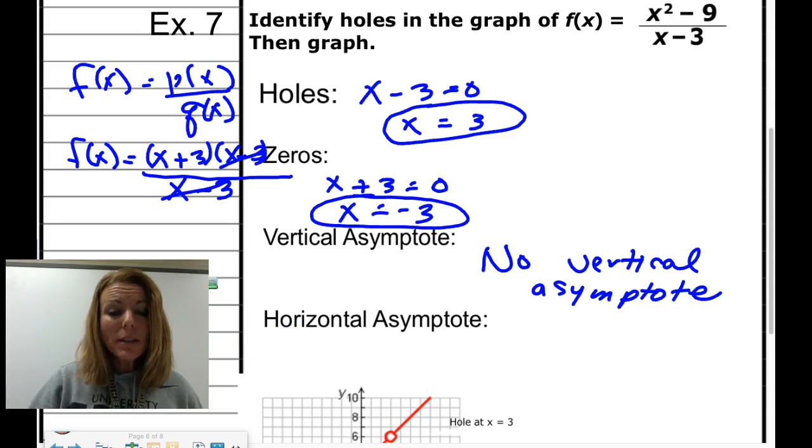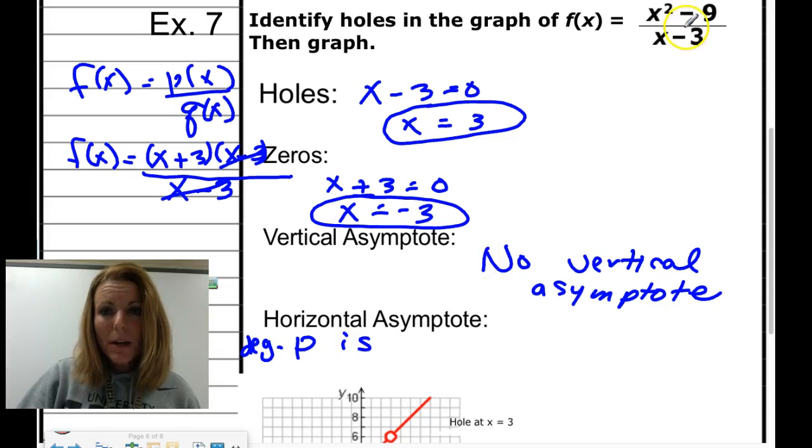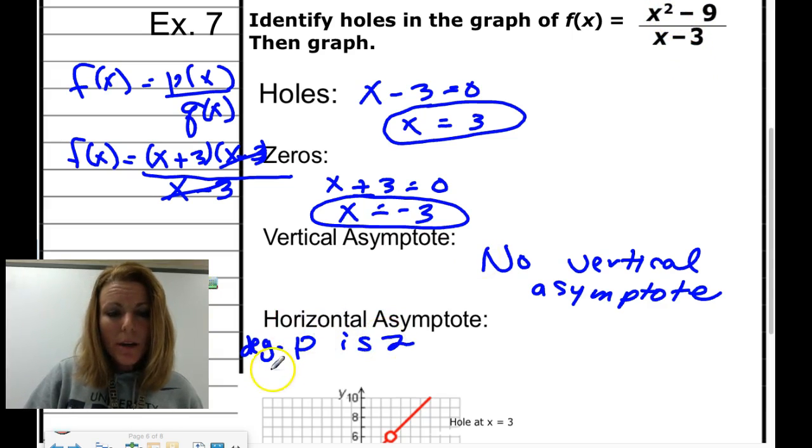And then the horizontal asymptote will be, so let's just write this, the degree of P, the top, if you look up there, is 2, and the degree of Q is 1.